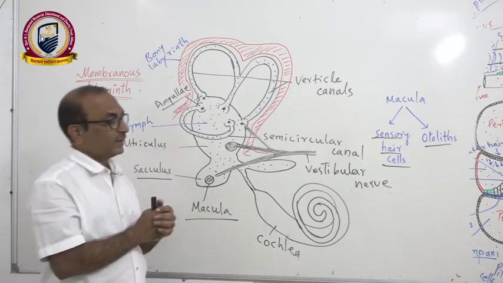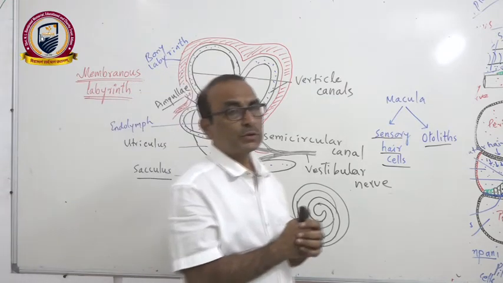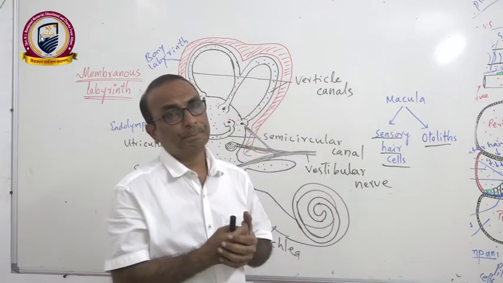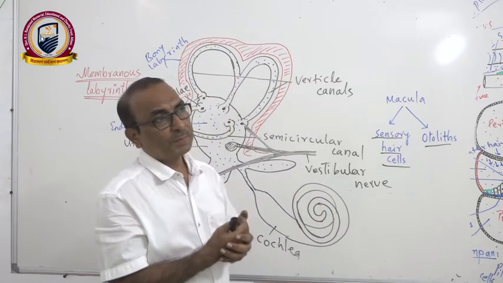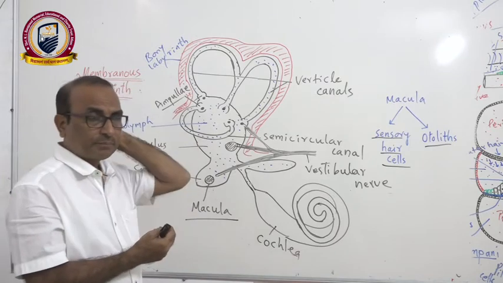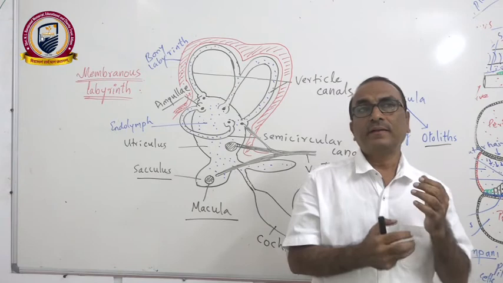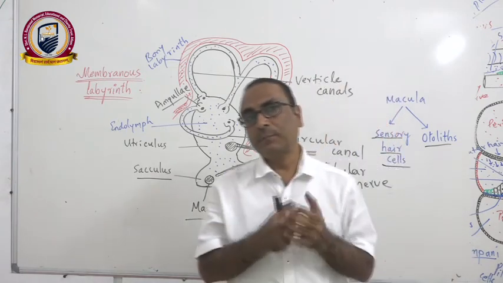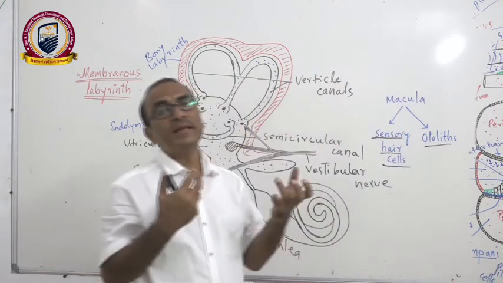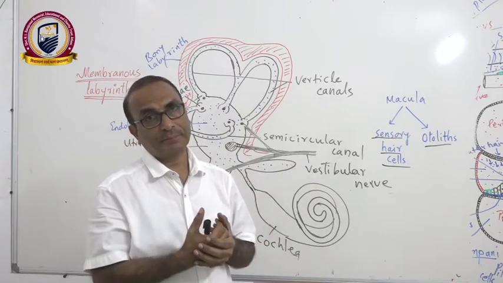It is actually sending the information to the cerebellum. Cerebellum is a part of the brain which is on the back side of your head, and this cerebellum is maintaining our coordination between different parts of the body.